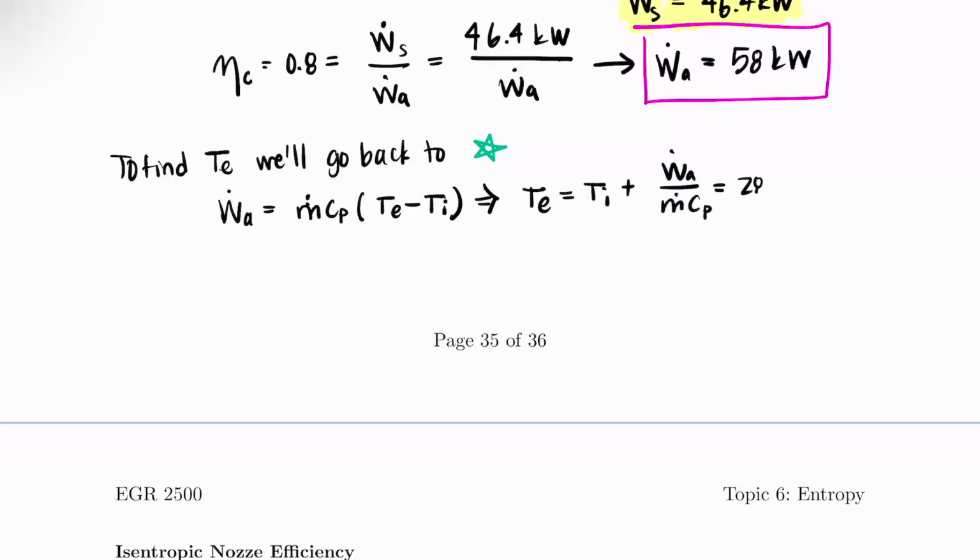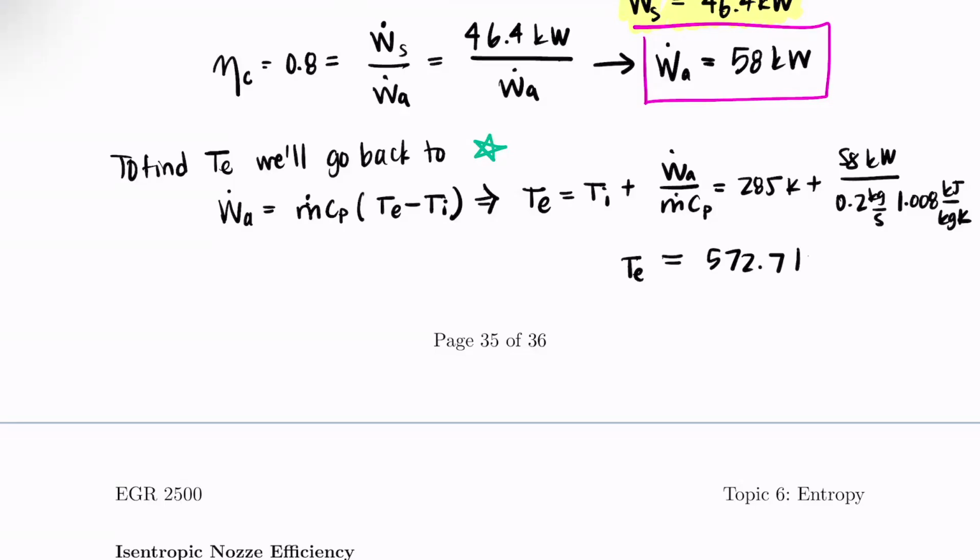We have 285 Kelvin plus 58 kilowatts divided by 0.2 kilograms per second times 1.008 kilojoules per kilogram Kelvin. All right, and so we get that TE is 572.7 Kelvin.